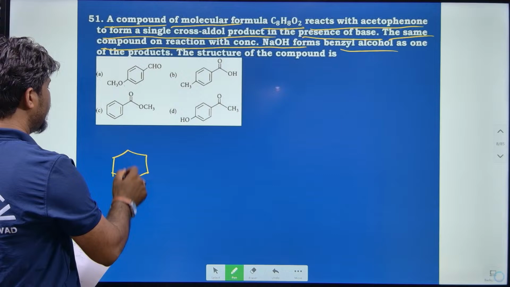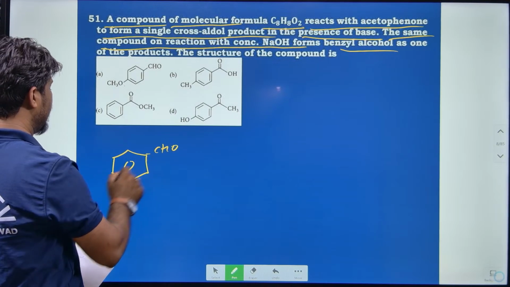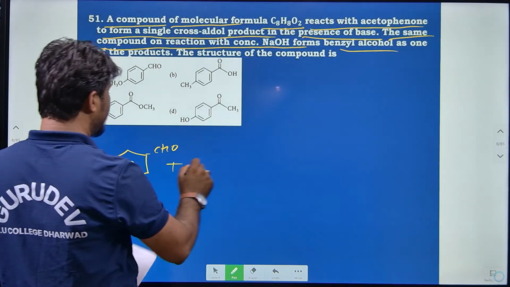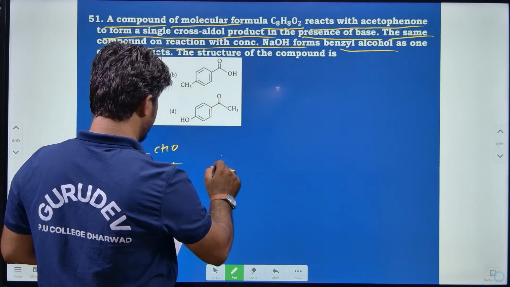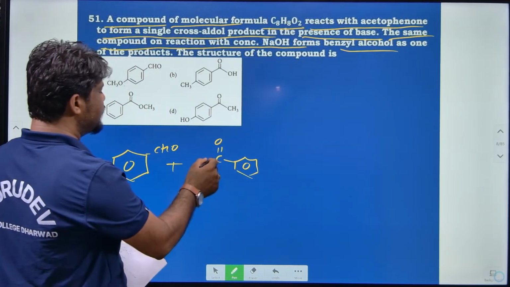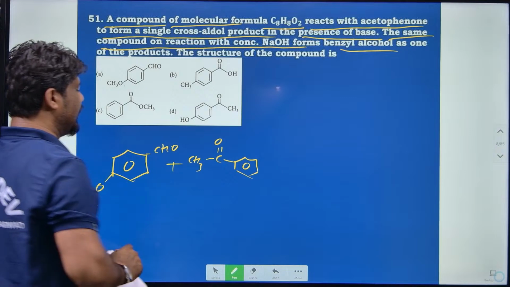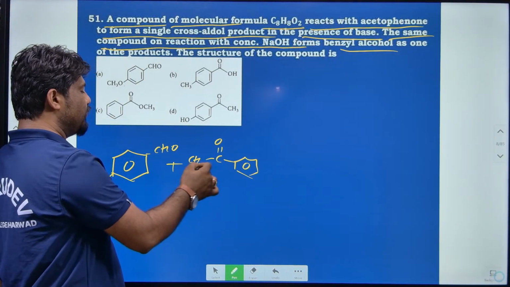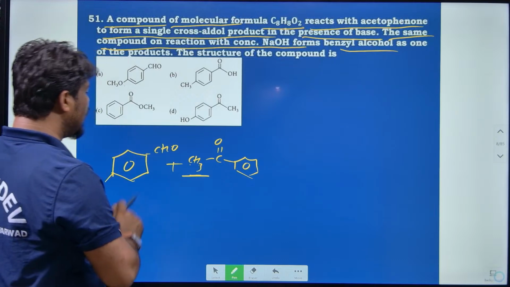When I take that aldehyde along with this molecule treated with the benzophenone, benzophenone is C double bond O with one side containing a benzene and another containing an alkyl group. So this is the alpha hydrogen containing carbon, treated with the aldehyde group.